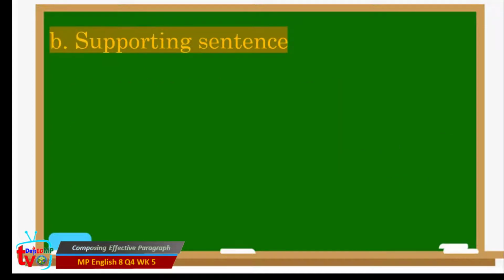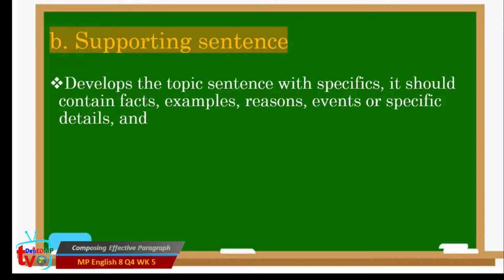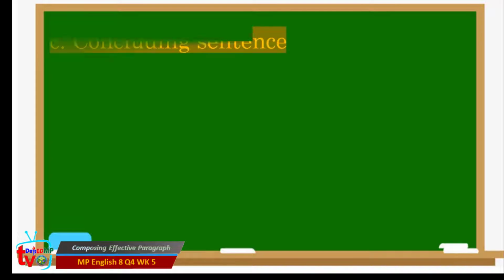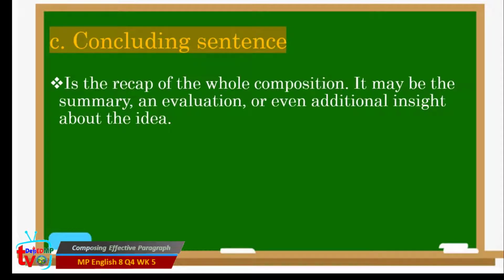B. Supporting sentence develops the topic sentence with specifics. It should contain the facts, examples, reasons, events, or specific details. And C. Concluding sentence is the recap of the whole composition. It may be the summary, an evaluation, or even additional insight about the idea.